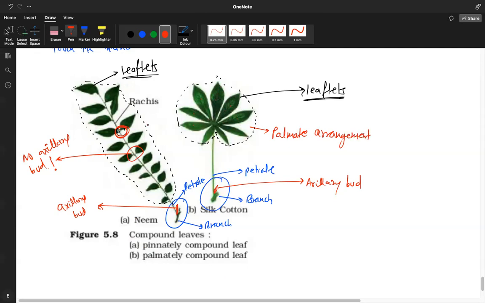And this kind of arrangement is called pinnate arrangement. There can be two types of compound leaves. Please draw this and mark all these features right now.